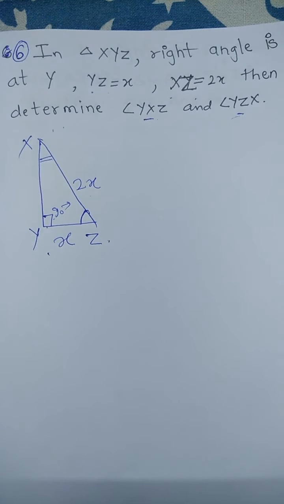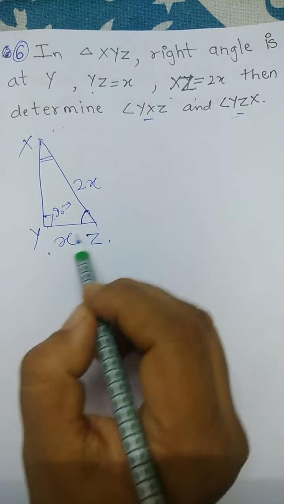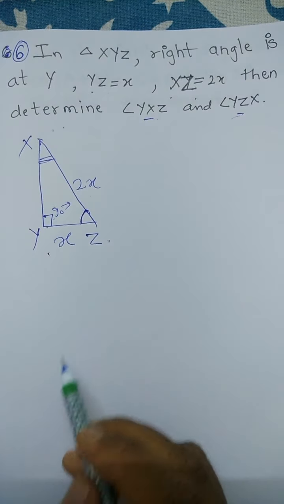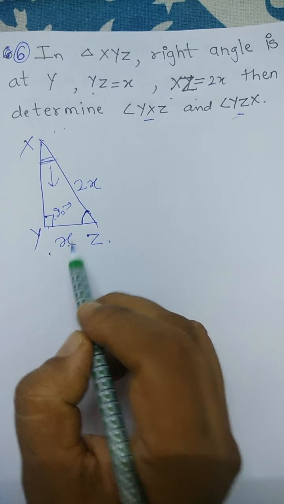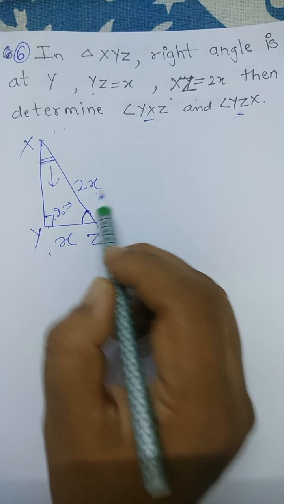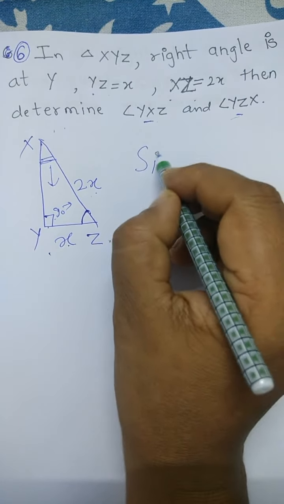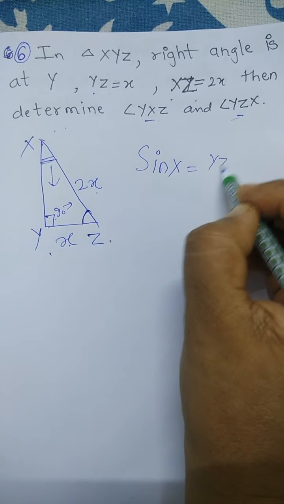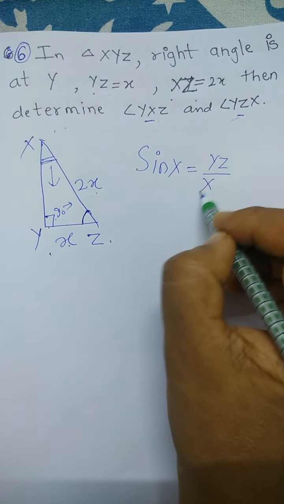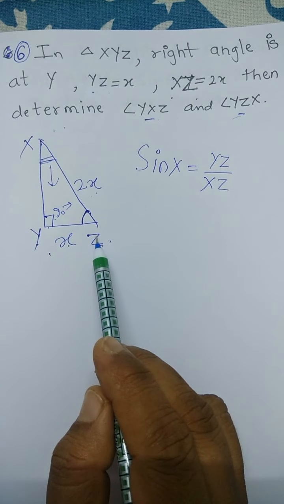Okay. Now what we have to do? We have to find angle Z and angle X. For angle X, this is the opposite side and this is the hypotenuse. So which ratio is opposite side upon hypotenuse? Sin X. Opposite is YZ, hypotenuse is XZ.